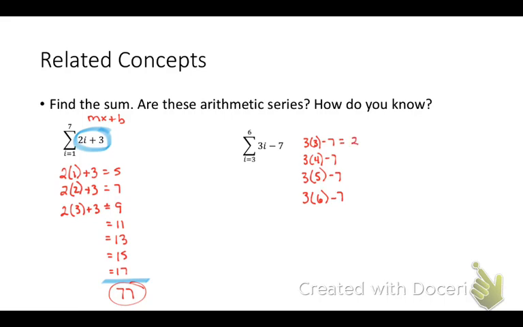So I'm going to end up with 2, I'm going to end up with 5, I'm going to end up with 8, and then 11. Add everything up, I'm going to end up with 26.